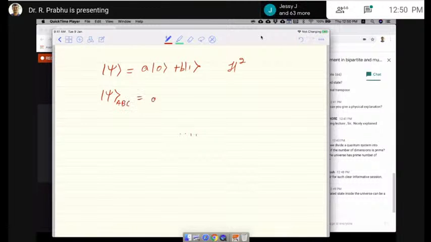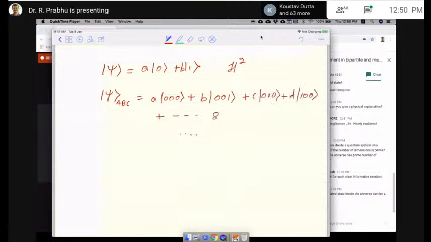Then I have the state 000 plus 001 plus and so on. There will be 8 terms, right?